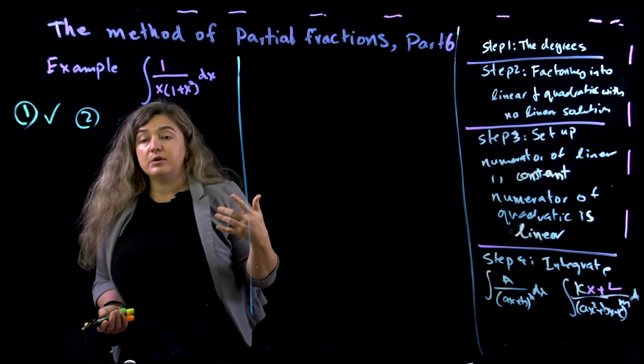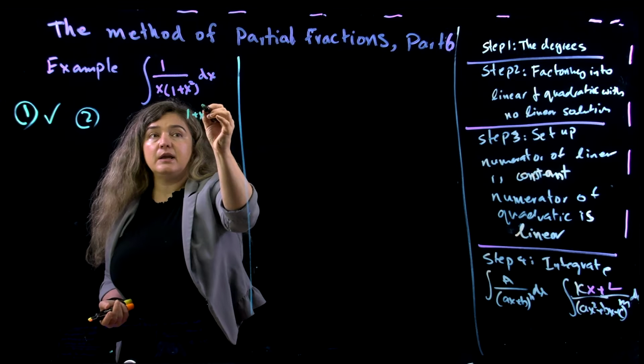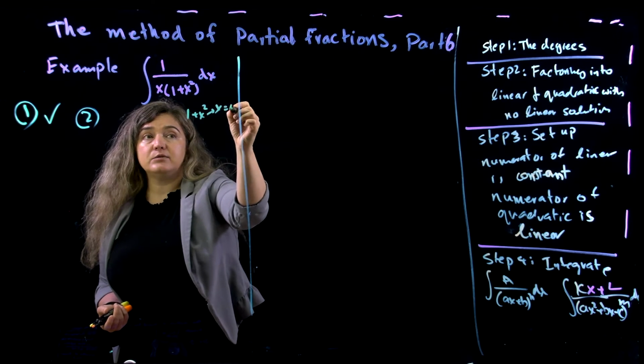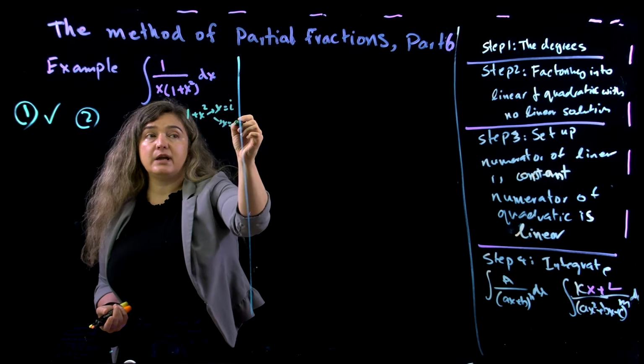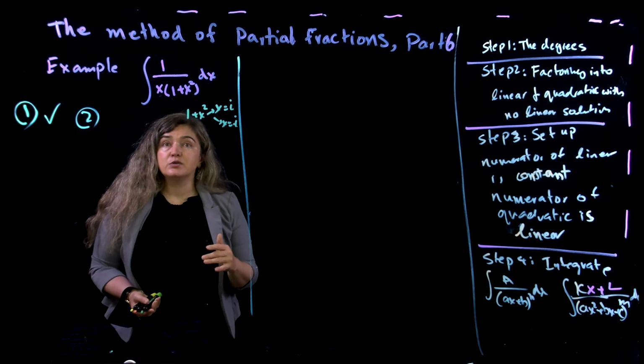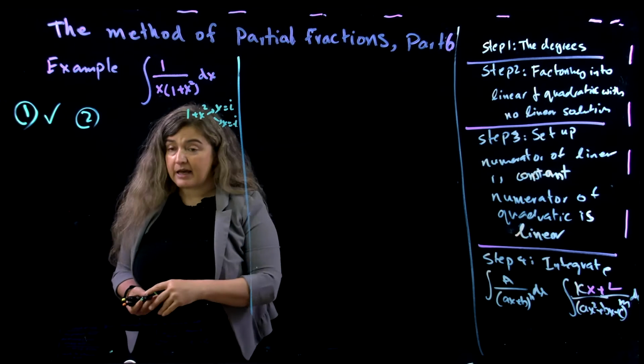And then we have 1 plus x squared. And remember, 1 plus x squared cannot be factored. The solution to this is x equal to i or x equal to negative i. So this one does not have any real solutions either. Therefore, the denominator is already in that factored form.